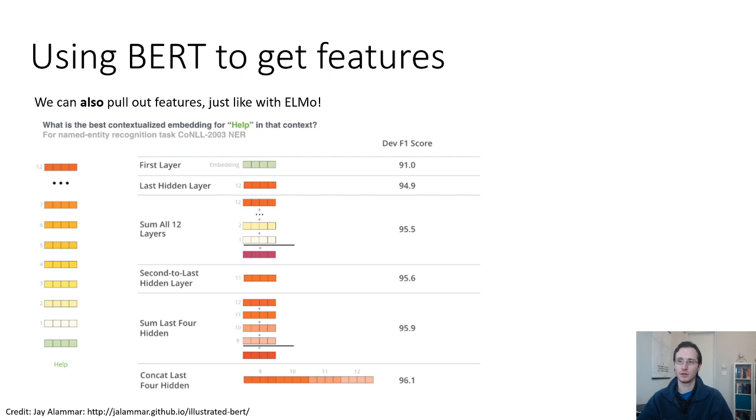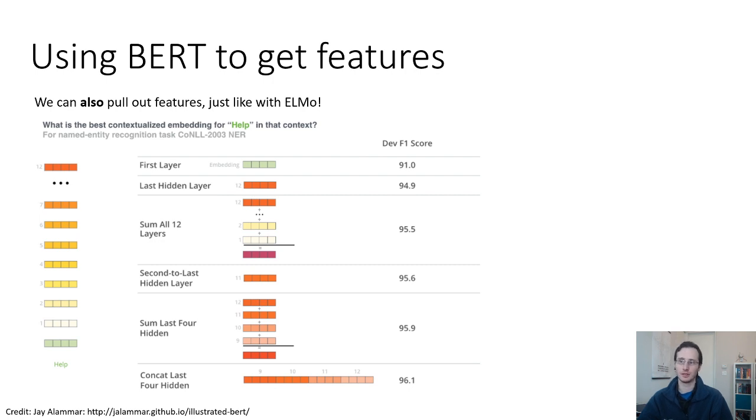So here you have the named entity recognition task, and on the right-hand side you have an F1 score. This is essentially how well the model performs using that representation. Higher is better. And you can see that if you use the first layer, that's not very good. If you use the last layer, that's quite a bit better.